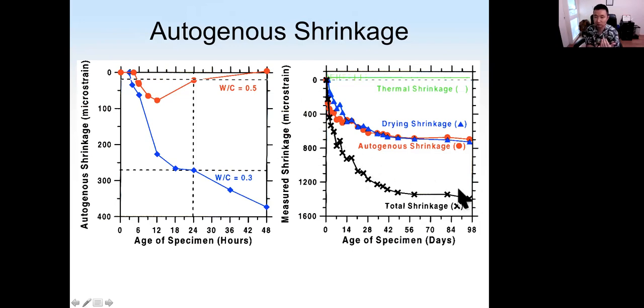And using different measurements, we can quantify how much of this total shrinkage comes from temperature change, in the case of thermal shrinkage, how much comes from drying shrinkage, which is due to drying of the concrete to the air, and how much is caused by autogenous shrinkage, or drying of the concrete due to self-desiccation. Remember, the total shrinkage could be a combination of 2 or more types of shrinkage, as in this case.